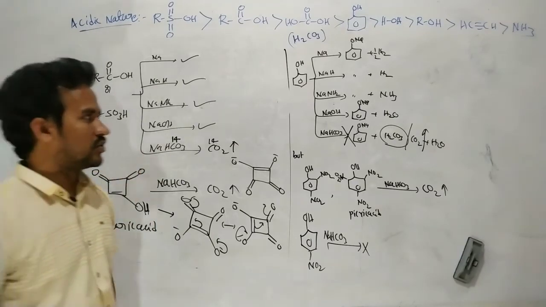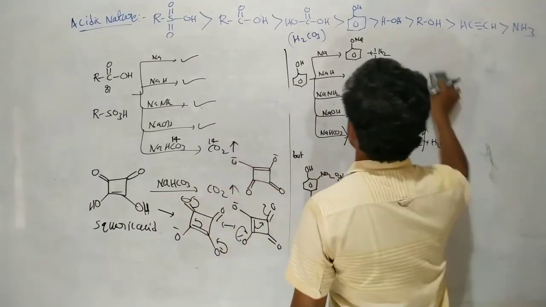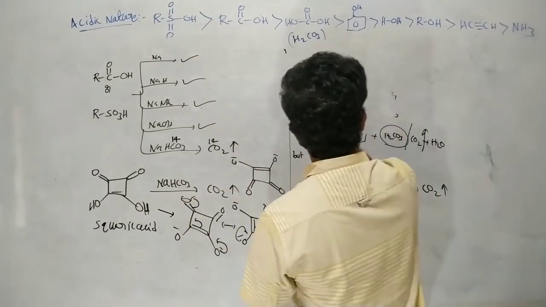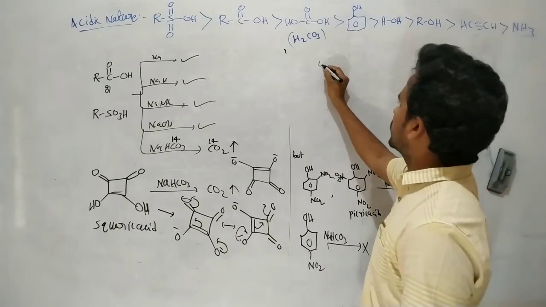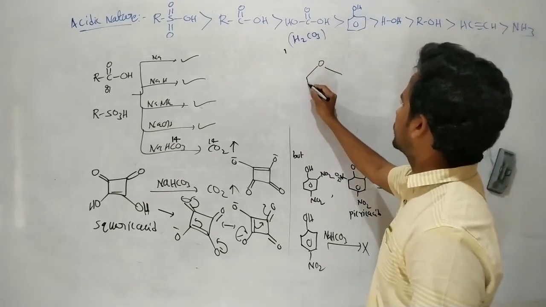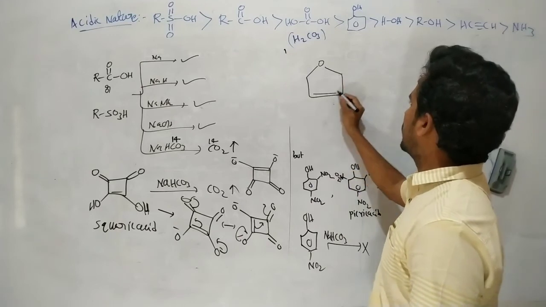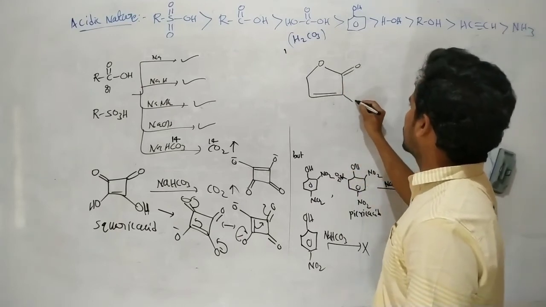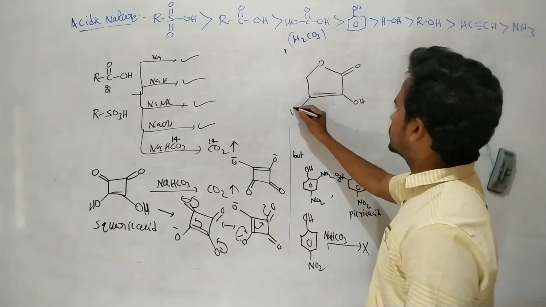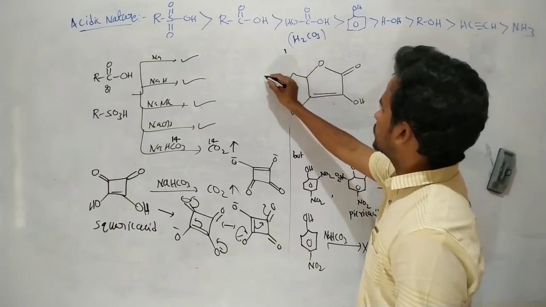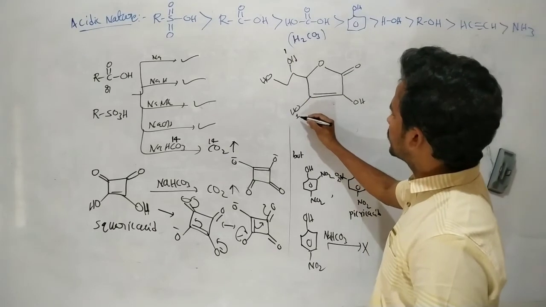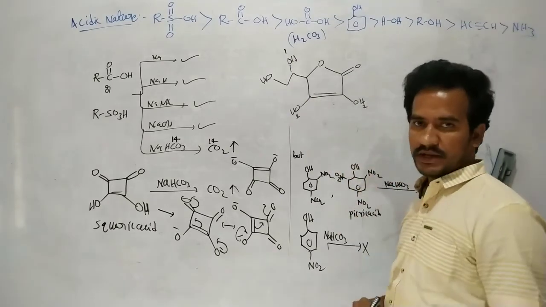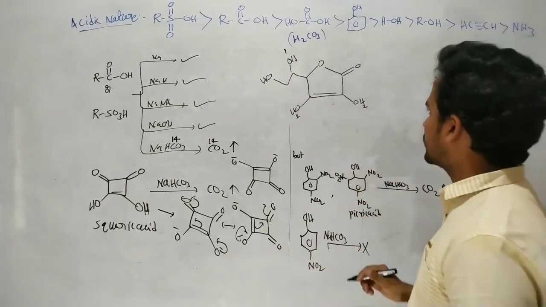Okay, and here one more important point also, that ascorbic acid also can decompose the sodium bicarbonate. You know this one, ascorbic acid. Here double bond O, here OH, here there is an OH, and this one. Generally this is an acidic proton, this is also an acidic proton, but between these two, which is the more acidic one?